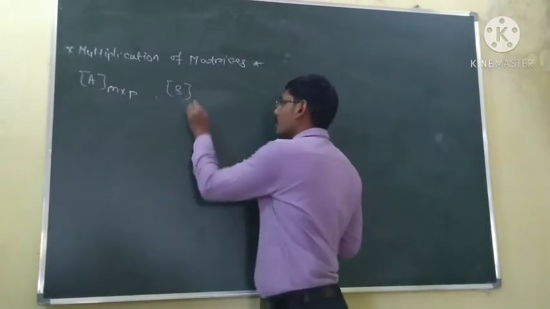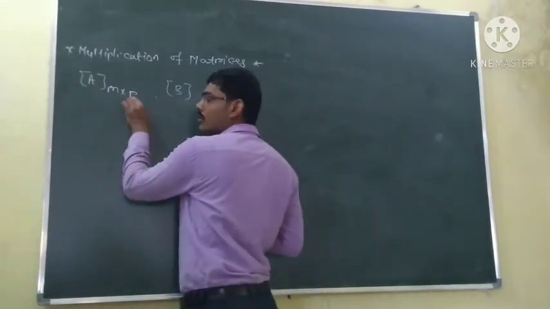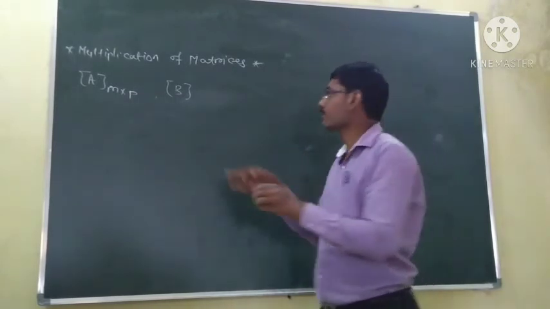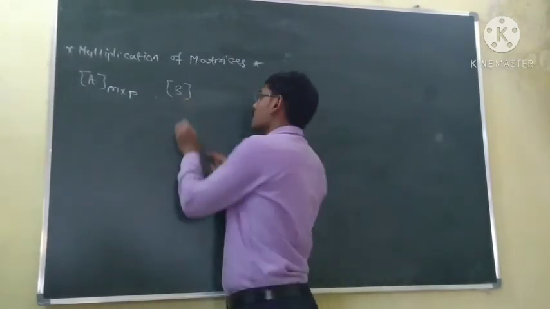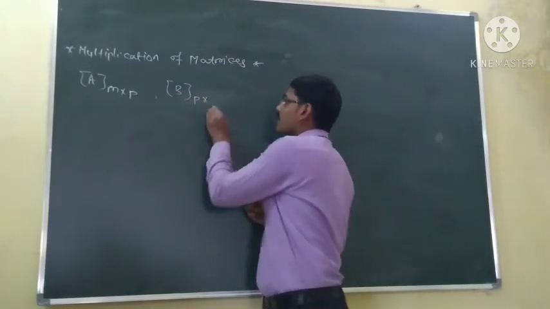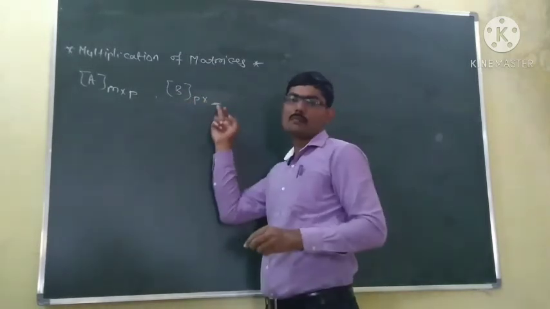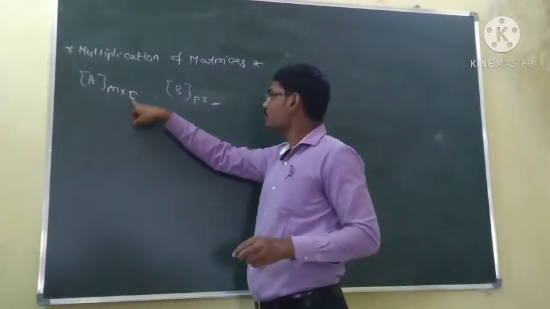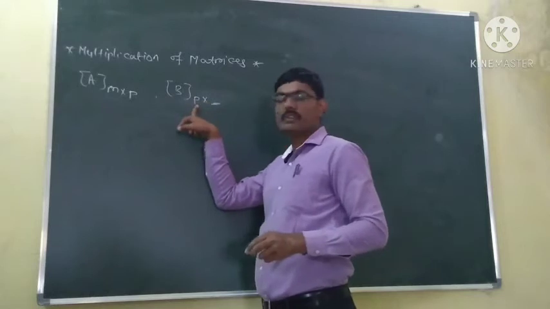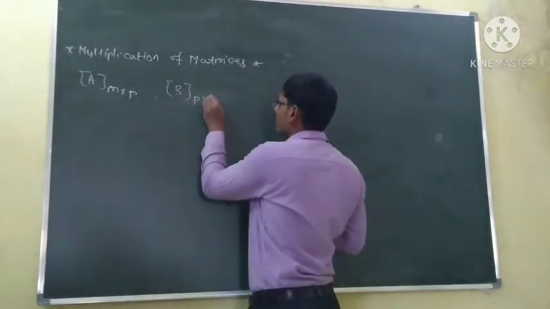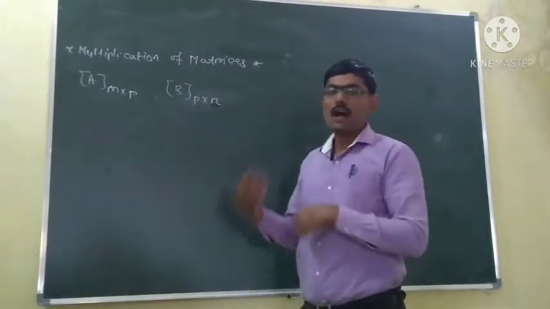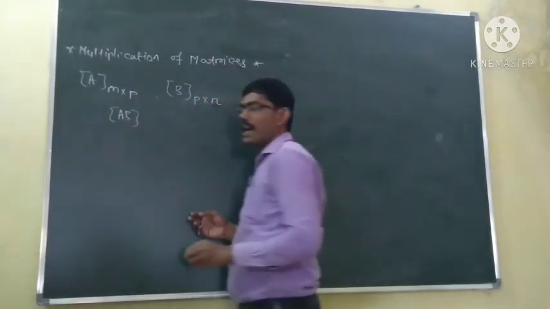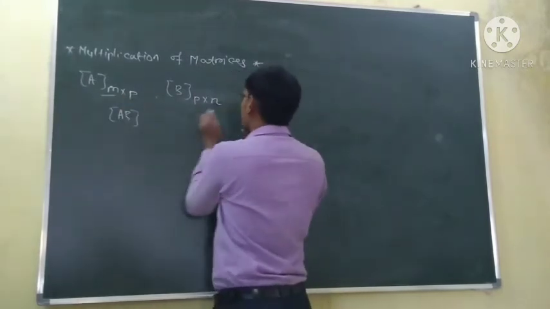There is no problem with the number of columns of the other matrix, but the number of columns of the first matrix is P, so the number of rows of the other matrix must be P. You can take any number for the columns. After multiplication, the matrix AB has order M by N.